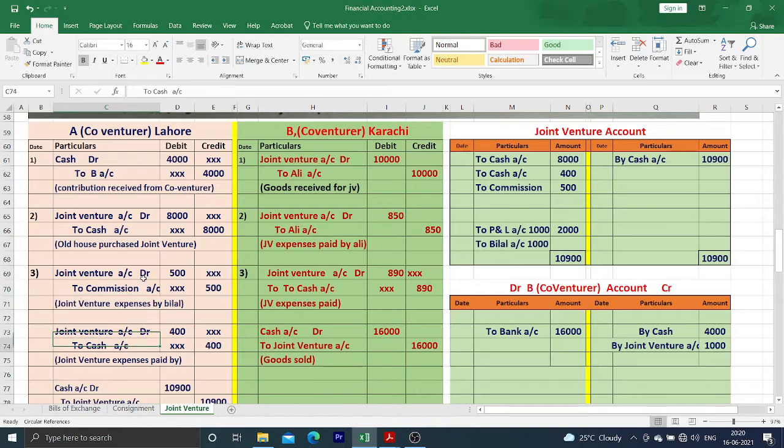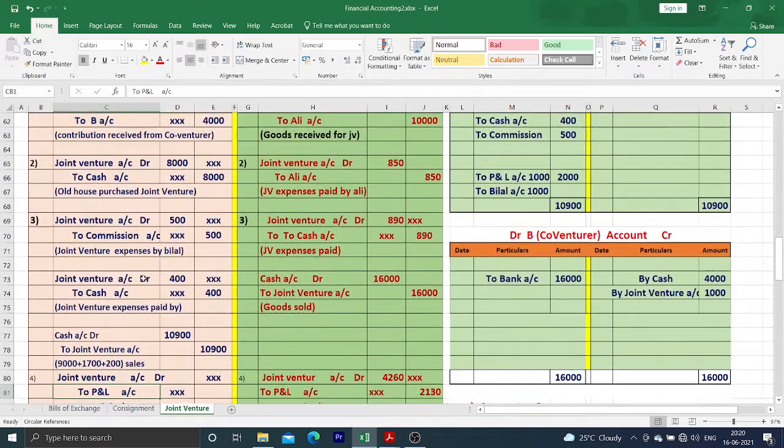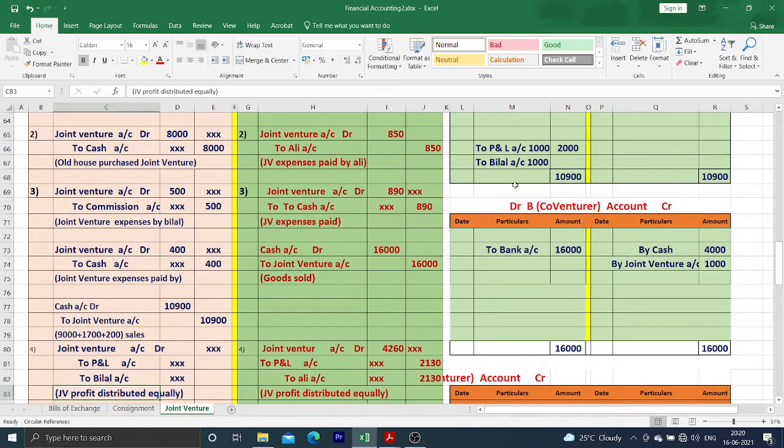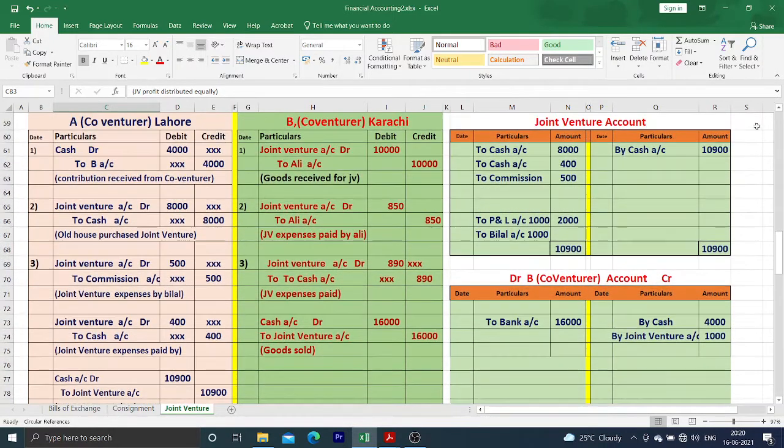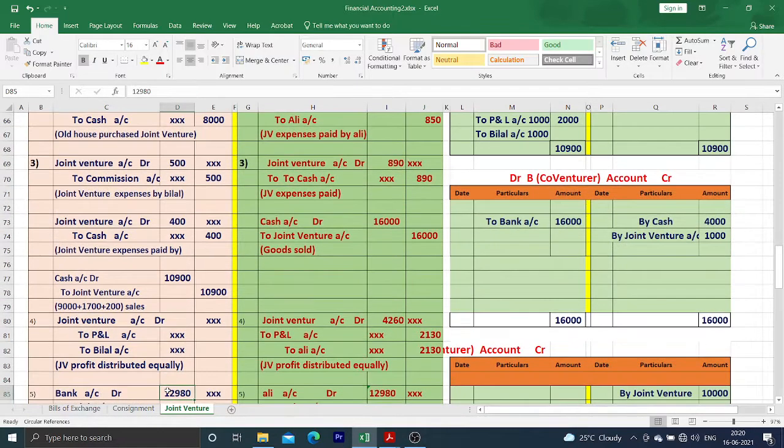Next, cash account related to joint venture. Joint venture account related to profit and loss account. Look at the joint venture account. Difference amount is 2,000, divided between two people, 1,000 each.